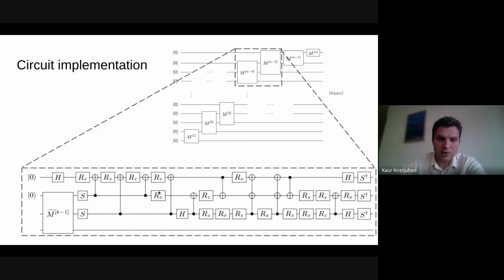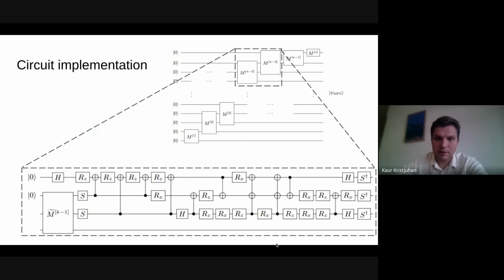And these angles here, you can calculate based on the DPSS state you're trying to prepare, which confidence level it is for, how many qubits there are in total, and so on. This circuit is quite efficient, and it's efficient in many ways. It's not implementing an arbitrary 3-qubit operator.